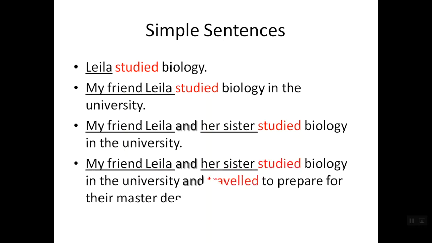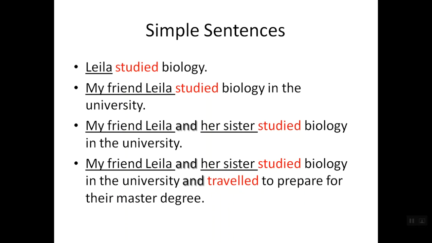Move to this. More complicated. My friend Layla and her sister studied biology in the university and traveled to prepare for their master degree. Okay? It is still one simple sentence. But this is a simple sentence with a compound subject and a compound predicate.